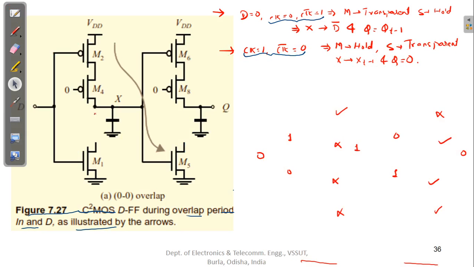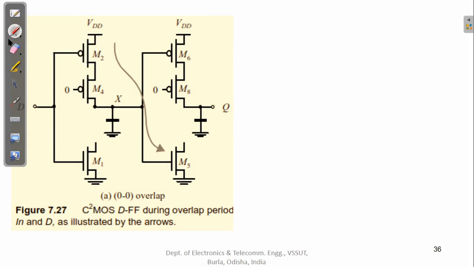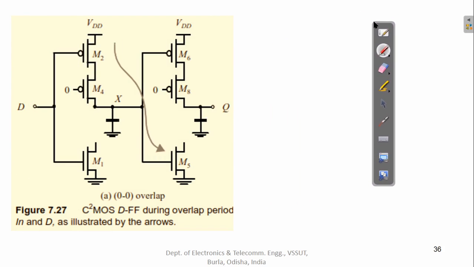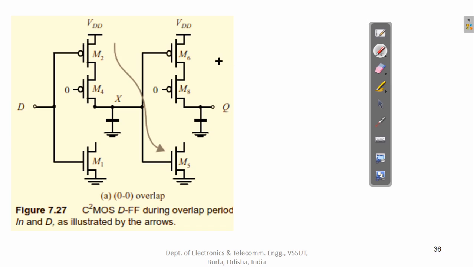Look at this diagram. So what happens when clock and clock bar both become 0? That is, what is the condition of this register under 0 0 overlap? Let's see when it is facing this 0 0 overlap.